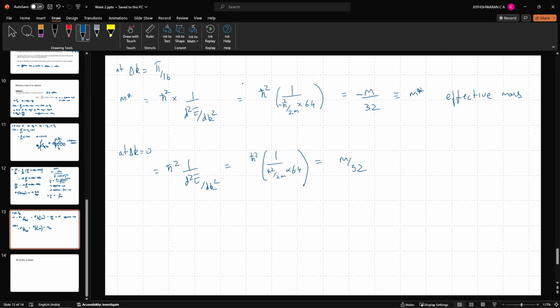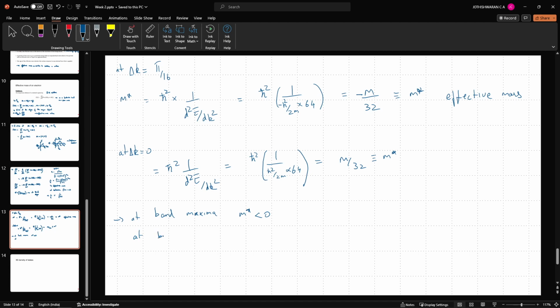So what does this mean? This is the effective mass. Due to the choice of our dispersion relation, the effective mass is the same magnitude at both the minima and maxima points, but the sign is changing. We can say as a general rule, at band maxima, m star will be negative.